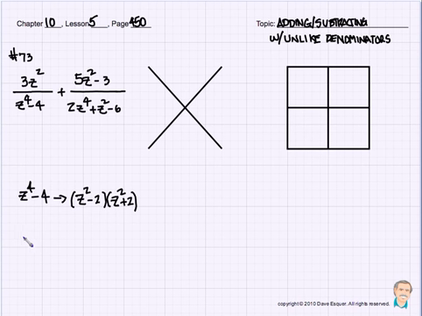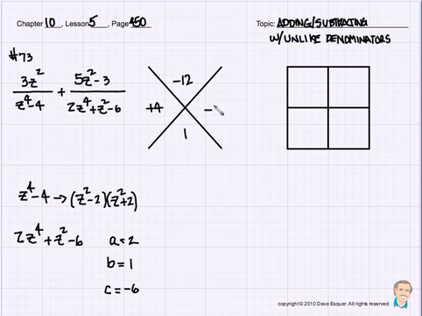Now let's take a look at 2z to the fourth plus z squared minus 6. Well, that's going to give us a is equal to 2, b is equal to 1, and c is equal to minus 6. So let's put that up here. We have a minus 12, we have a plus 1, and I guess our factors should be a 4 and a negative 3.